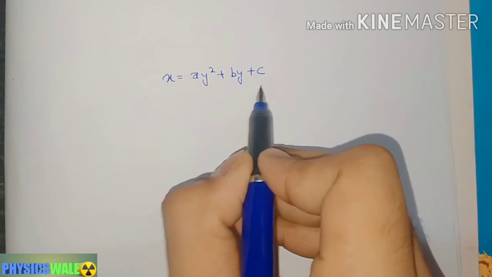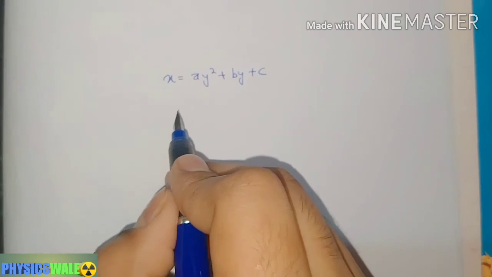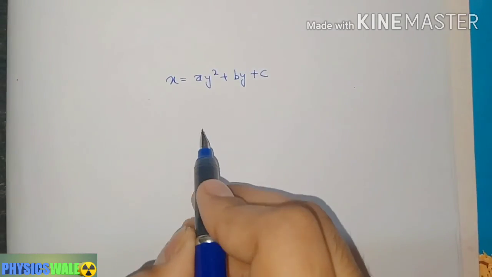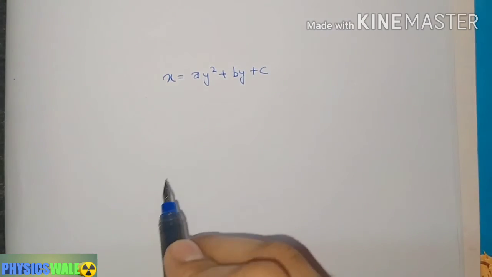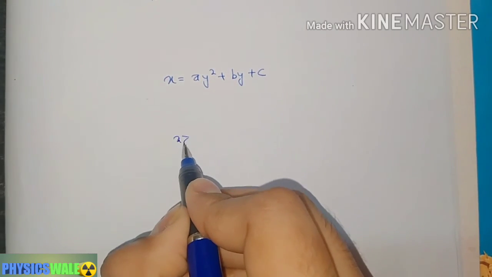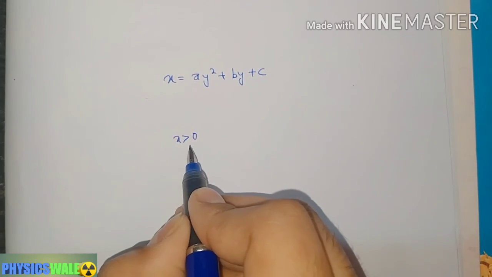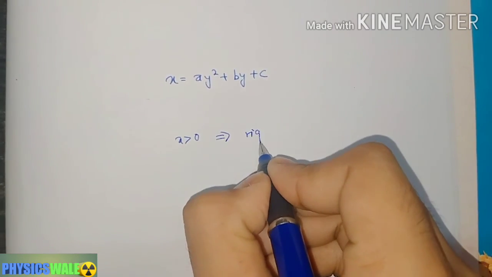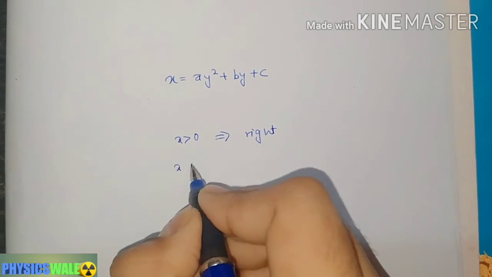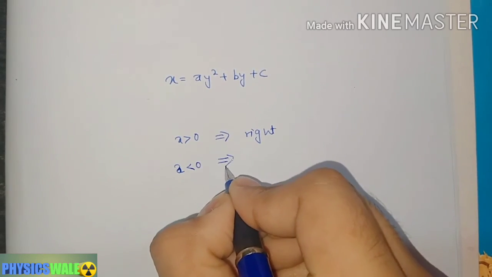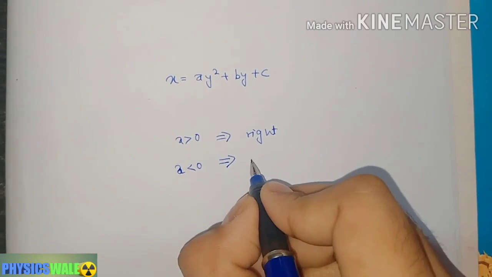Unlike the previous parabolas, the parabola of such an equation will open either to the right or to the left. Let us learn a simple rule. If a is greater than 0, that is, it is positive, then the parabola of this kind will open towards the right. While if a is negative, that is, it is less than 0, the parabola of such an equation will open towards the left.